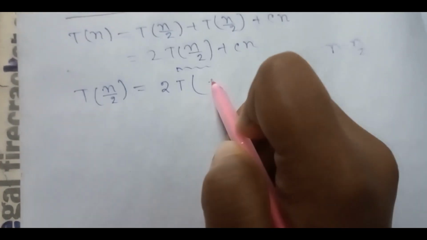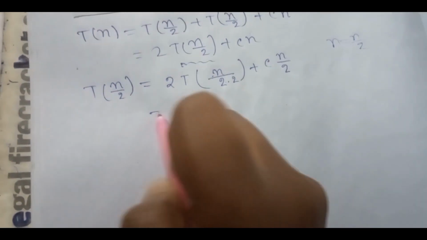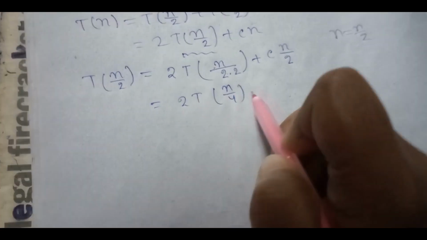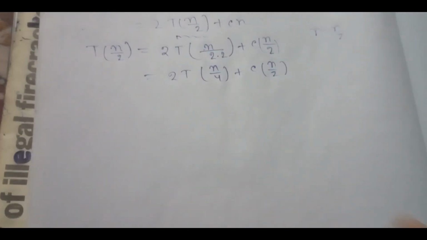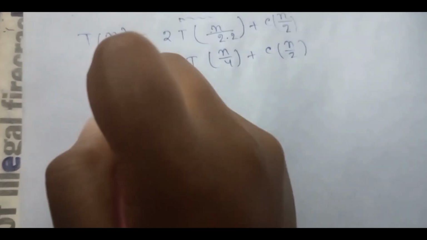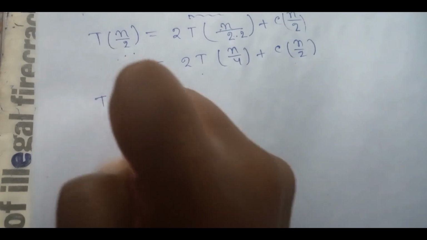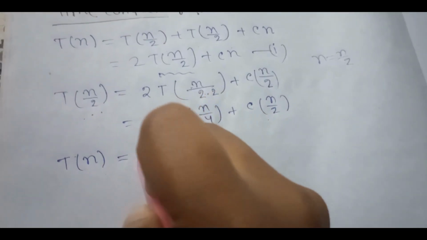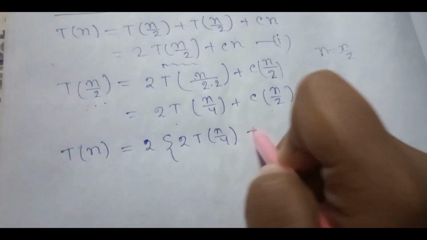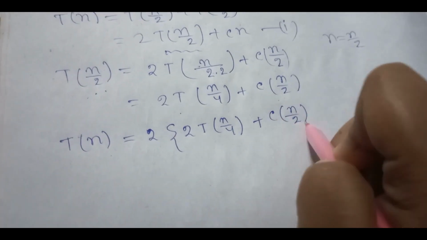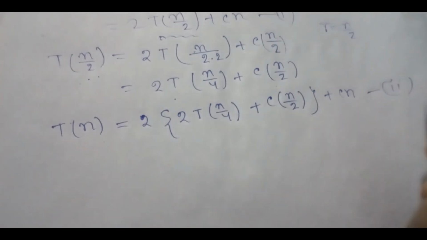So putting the value of T(n by 2) in equation 1, we get 2 times 2T(n by 4) plus C n by 2, plus Cn. Equation number 2.